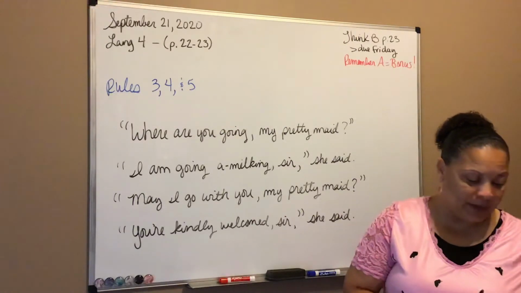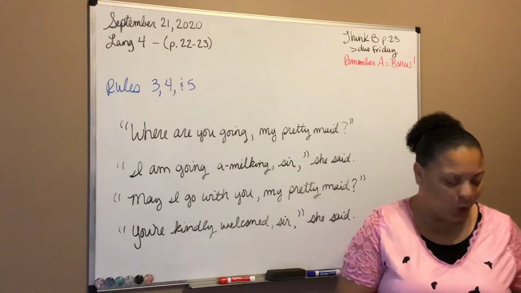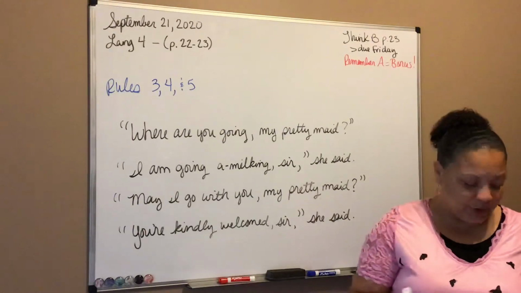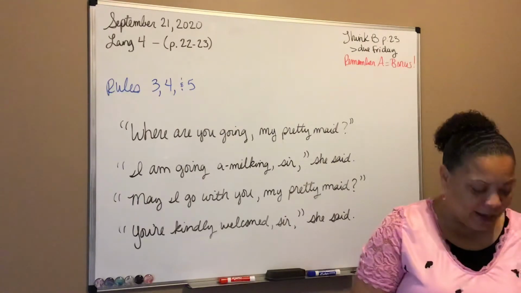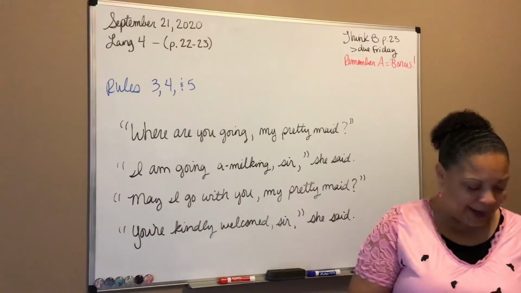Waitress, comma, may I please have more butter? They are talking to the waitress, so therefore you would put a comma after waitress because she is the person they're directly talking to. And then rule number 5 says, use commas after the greeting of a friendly letter and after the closing of any letter.